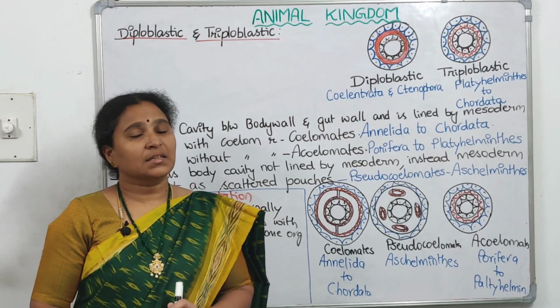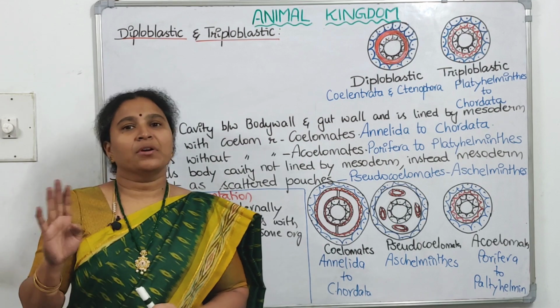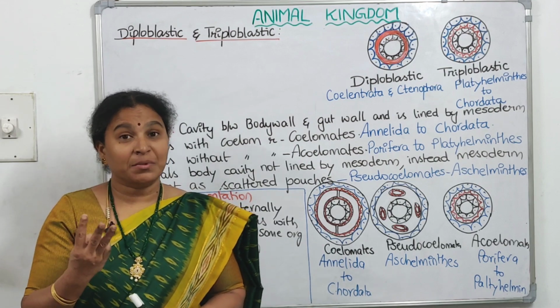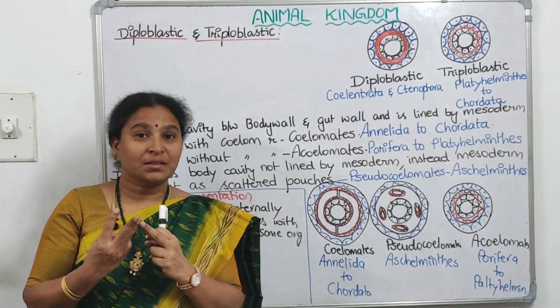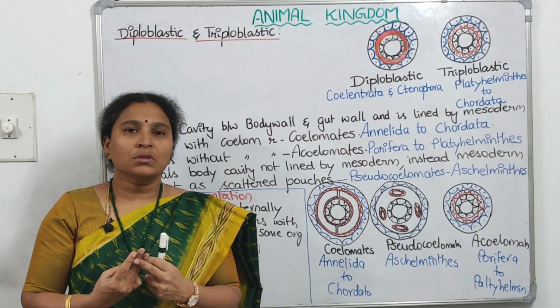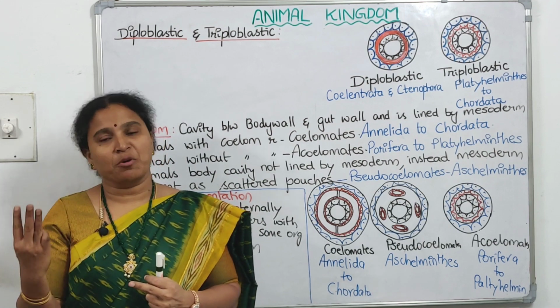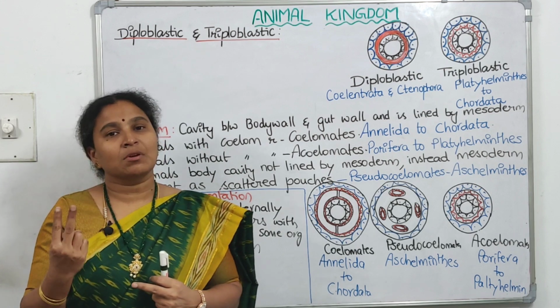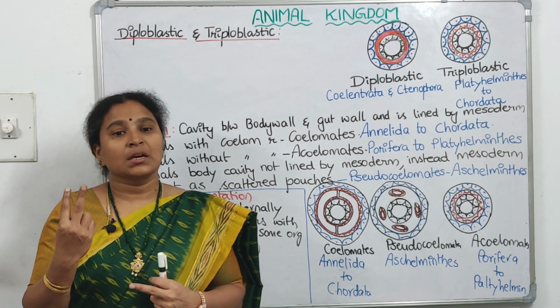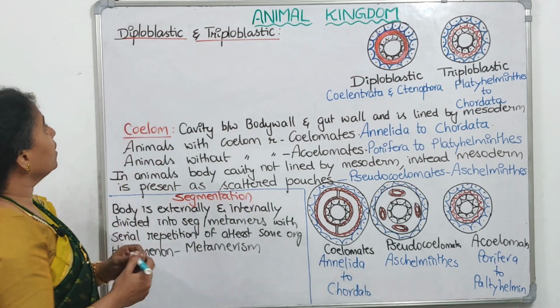The next characteristic is diploblastic and triploblastic. During embryonic development, we say that there are three germinal layers. The outer one is ectoderm, the inner one is endoderm, and the middle one is called mesoderm. Those animals which have all three germinal layers are called triploblastic. Whereas in the primitive animals where only two germinal layers are there, they are called diploblastic.